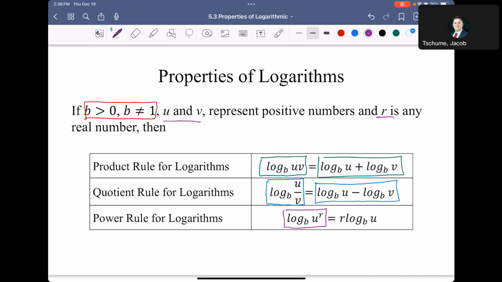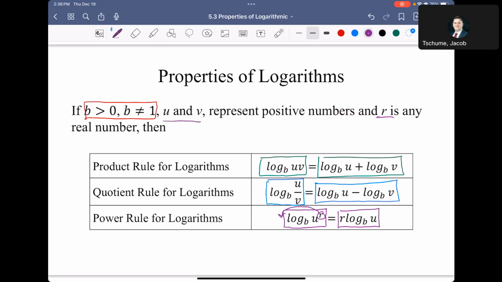When they don't cancel, how we will deal with that in this class is we can take our exponent r and bring it to the front, and you can rewrite it as r times log base b of u. Most of the time we don't like having an exponent inside of our logarithm unless we really, really have to keep it there.